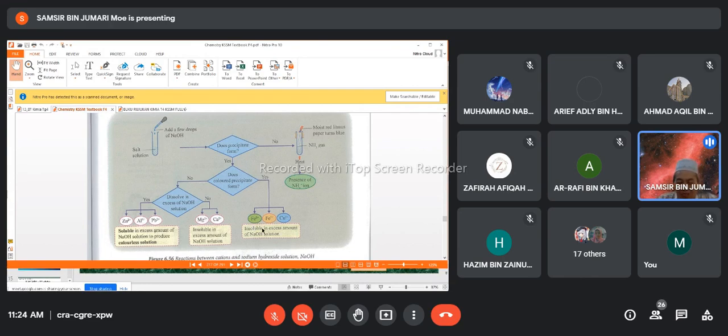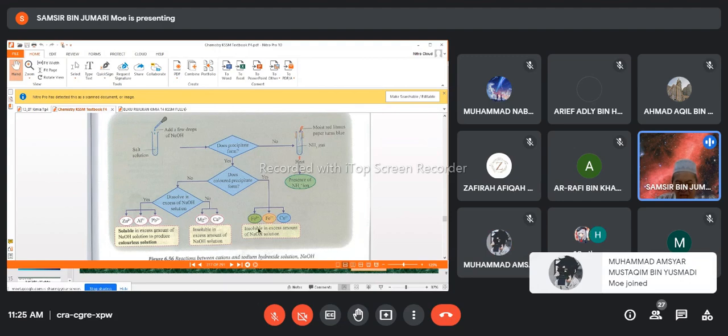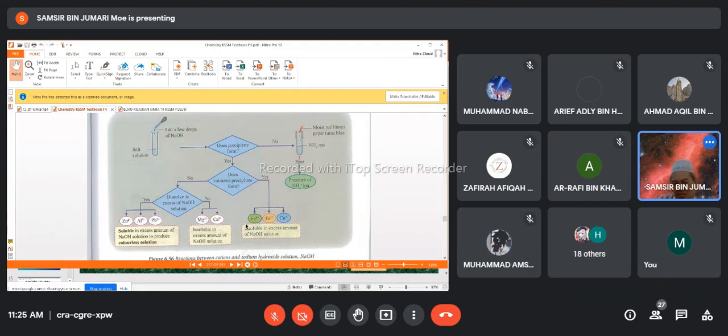If we see the blue color in the solution, we know that is the presence of the copper(II) ion. Okay, the brown color belongs to the iron(III) ion, and the green color of the salt solution belongs to the iron(II) ion.